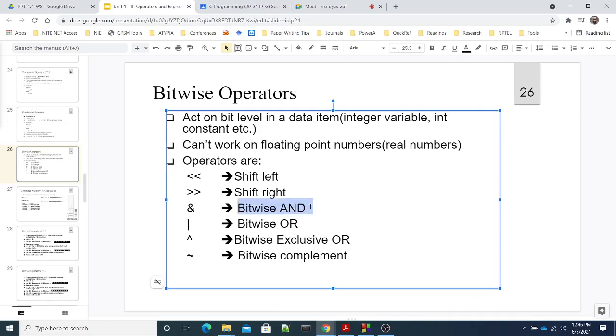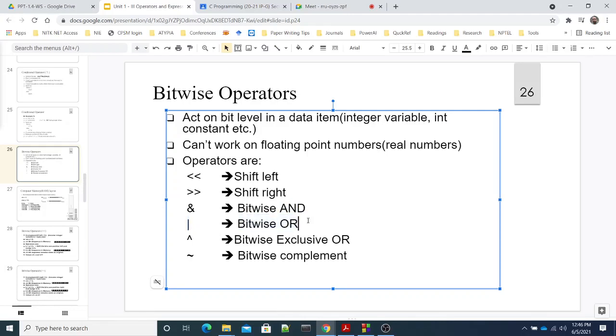Then this is the bitwise AND operation. We studied logical AND applied on two operands, which used two ampersand symbols. But for bitwise AND, only one ampersand symbol is enough, and it will perform the AND operation on individual bits. This will perform the OR operation on individual bits.